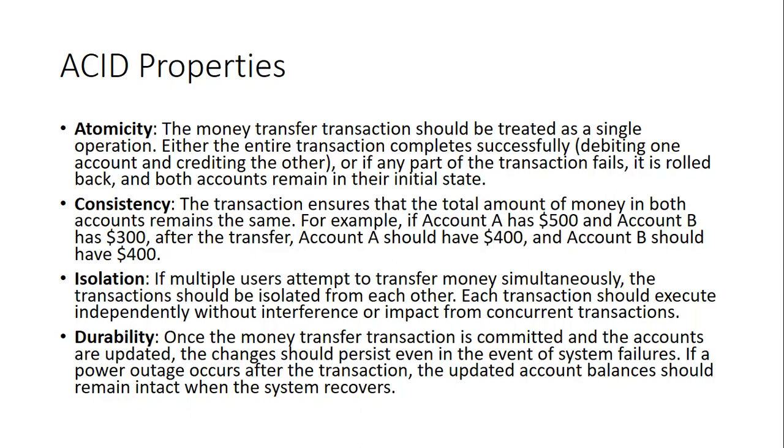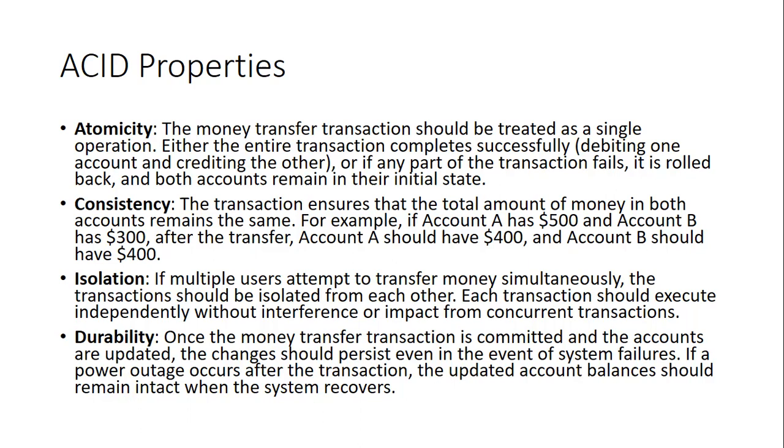The next is durability. What we mean by durability is, let's say we have transferred $100 from account A and that has been credited into account B. Now, because of some power fluctuation, the machine has gone down. So now we know account A has $300 and account B has $100 more than the previous amount, right? Once the power is resumed, it should be in the same state.